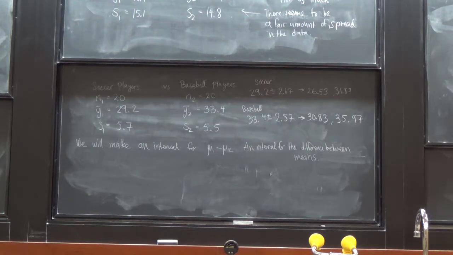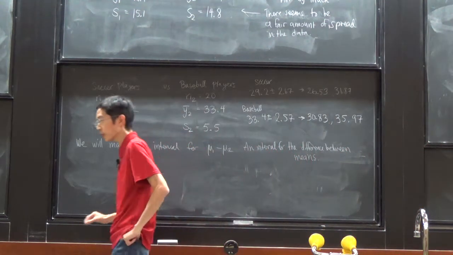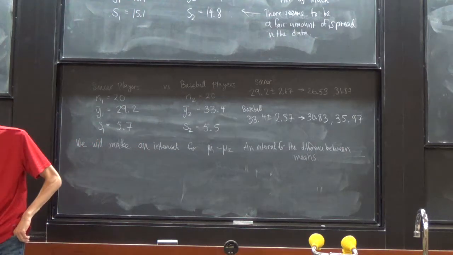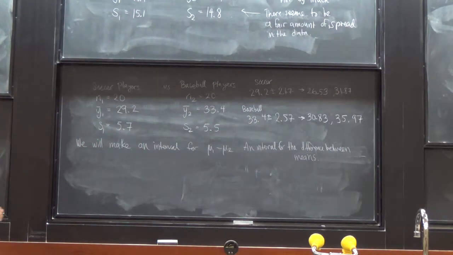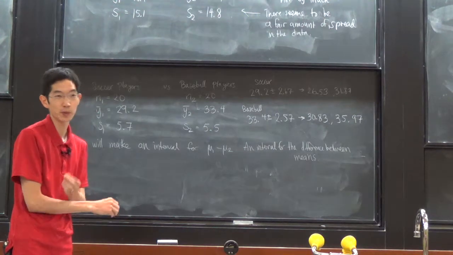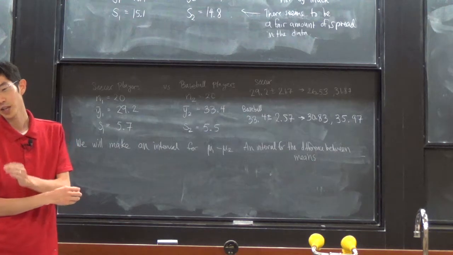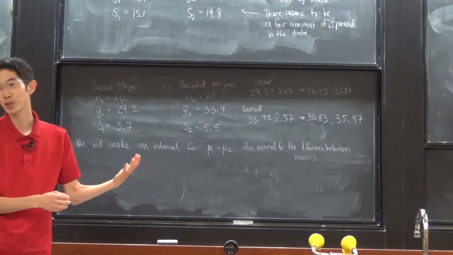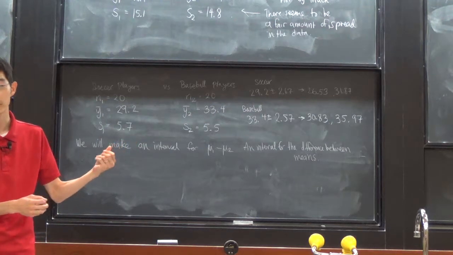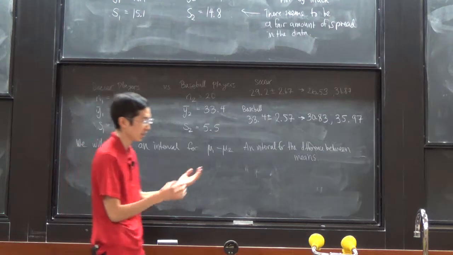And so, just keep in mind, this is the interval for the difference between means. So reasonable values for the difference between mu1 and mu2 will be values such as, I'm 95% confident that the difference between the mean running time for baseball players and the mean running time for soccer players is between half a second and 3 seconds, or half a second and 4 seconds for the difference.